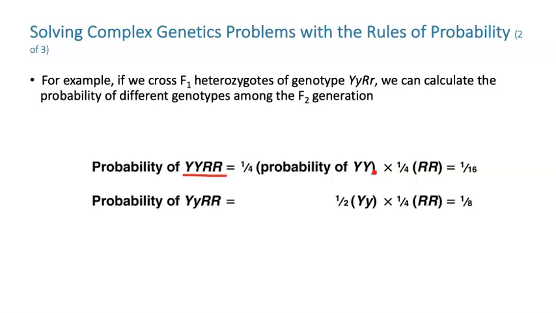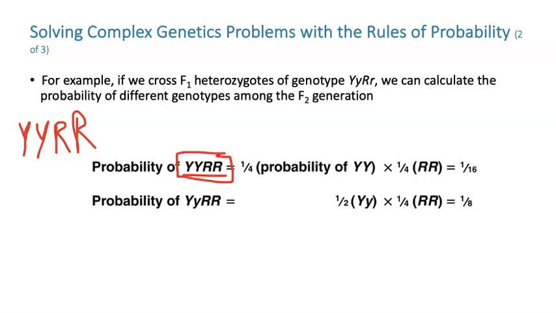And if this doesn't make sense to you, we can go back and fill in the blanks a little bit, right? So we have a big Y, big Y, big R, big R offspring. That's what we're trying to end up with.